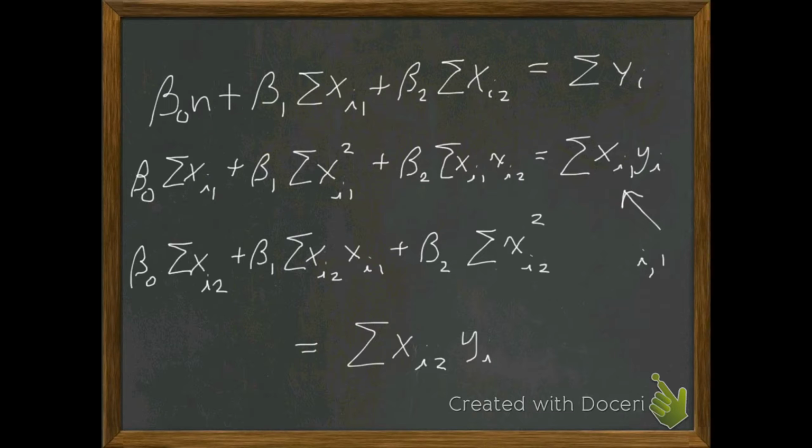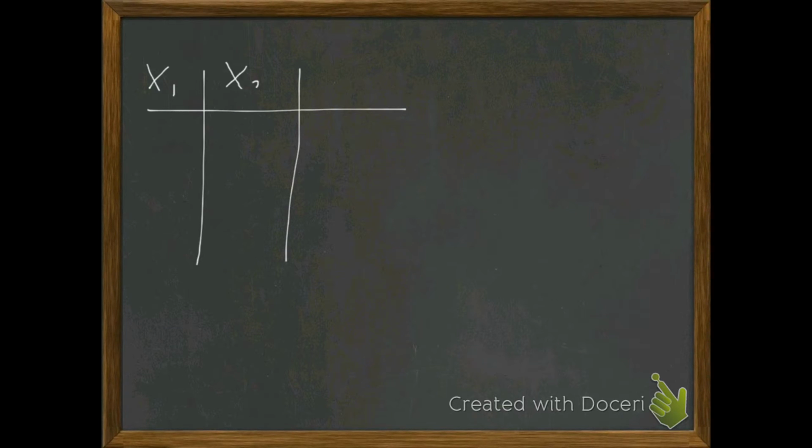Okay, let's just run through an example here. I did this before, so I didn't want to waste time doing the calculations. All I did was just make up some data, really.